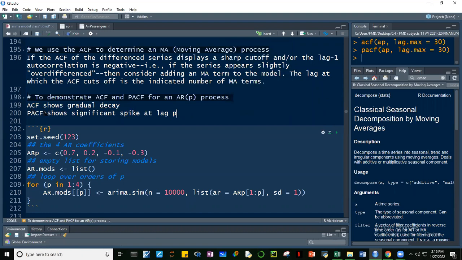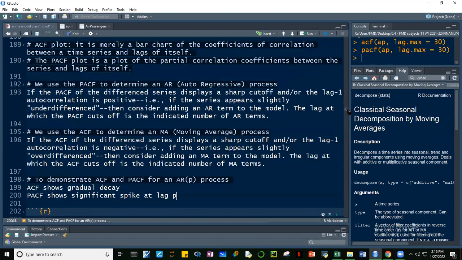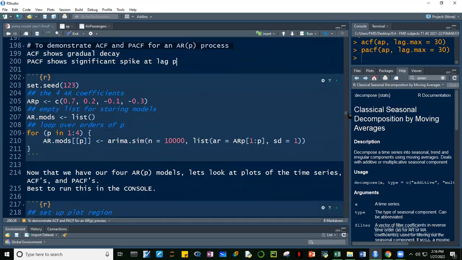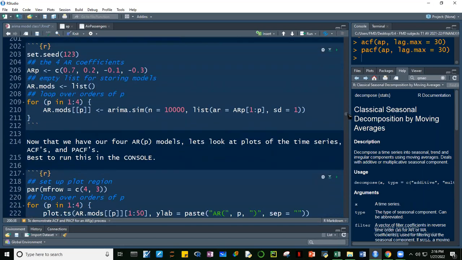You look at the ACF, yung plot, pag AR process yan, yung ACF niya, gradual decay. Tapos pag yung PACF naman, may significant spike at lag p. Baliktad naman sa MA process, no? Anyway, pakita na lang natin yan next meeting pag nag-formal na tayo ng modeling.